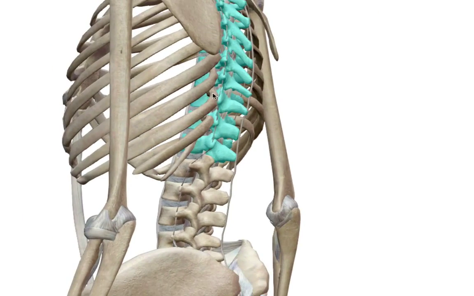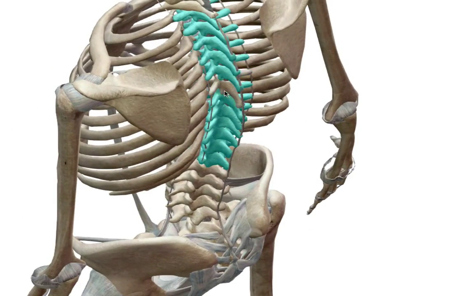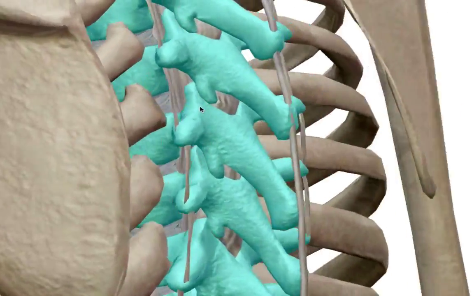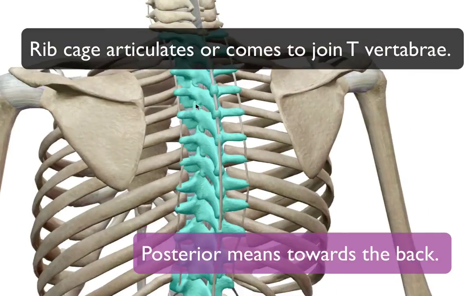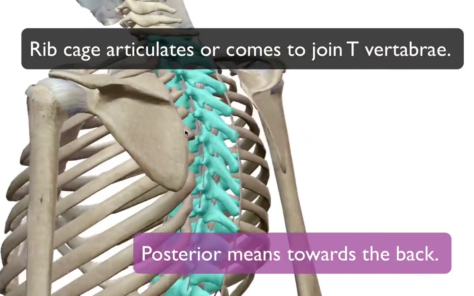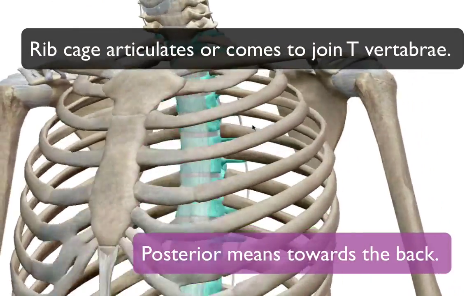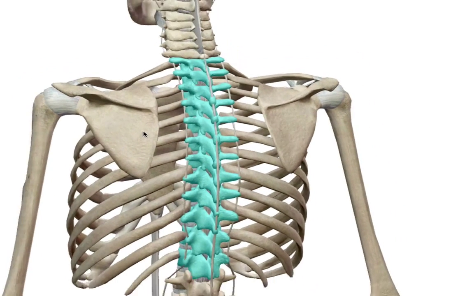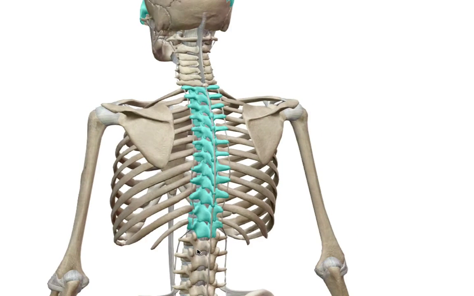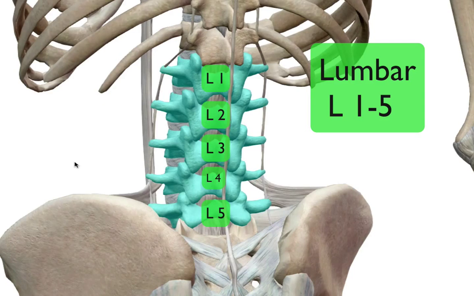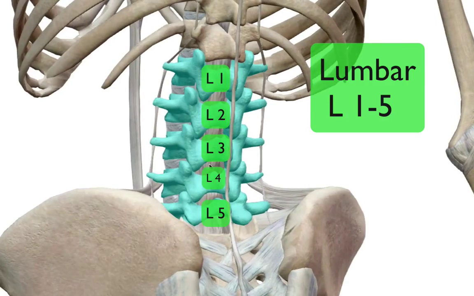Okay? You'll notice here that your thoracic spine is where your rib cage articulates with it on the posterior side of the body. Okay? So here's your T1 through your T12, thoracic vertebrae 1 through thoracic vertebrae 12. And then just below that we have your lumbar vertebrae. Okay, so here's your lumbar vertebrae, L1 through L5.